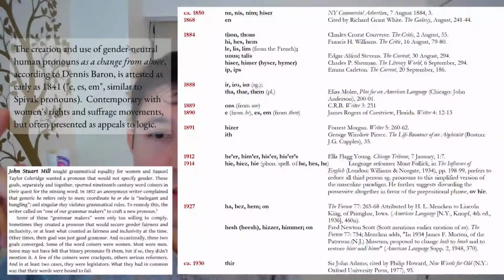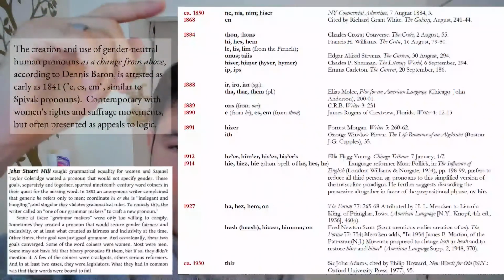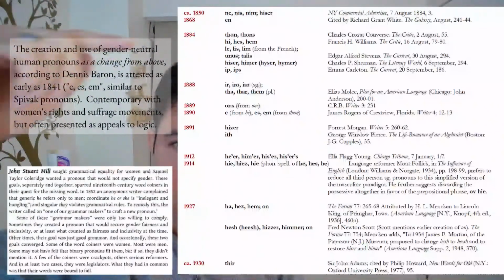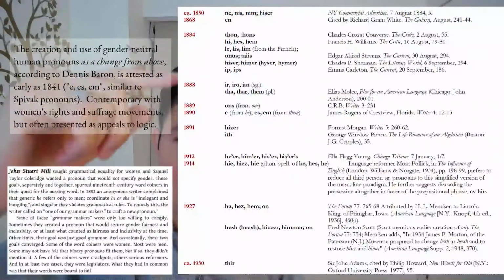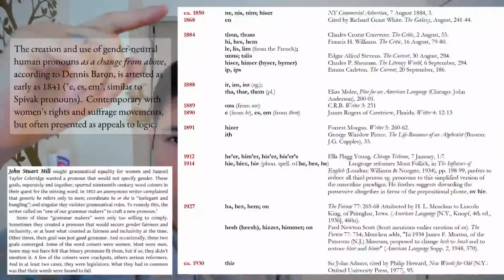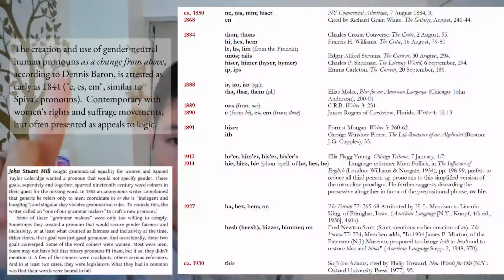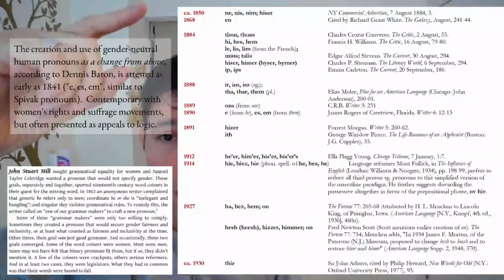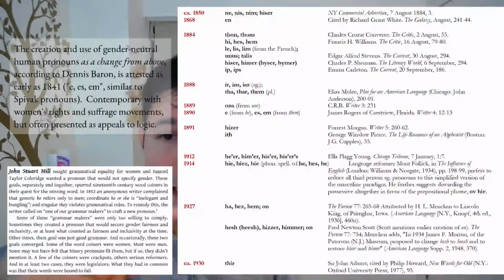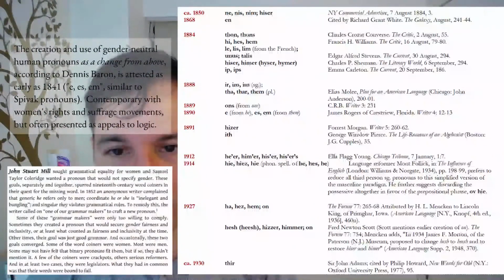This is contemporary with women's rights and suffrage movements, but they are often presented as appeals to logic. So circa 1850, and indeed as early as 1841, we have a series of attempts, which I quote at more length in the handout, and this is all taken almost directly from Dennis Baron, to change from above and develop a non-gendered, a gender-neutral human pronoun. So this is, again, not a new conversation.